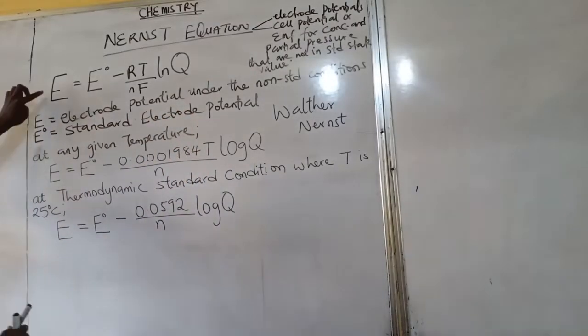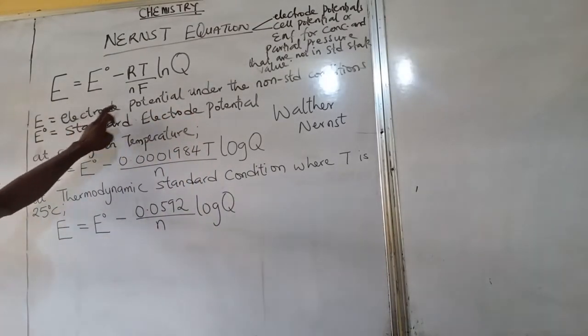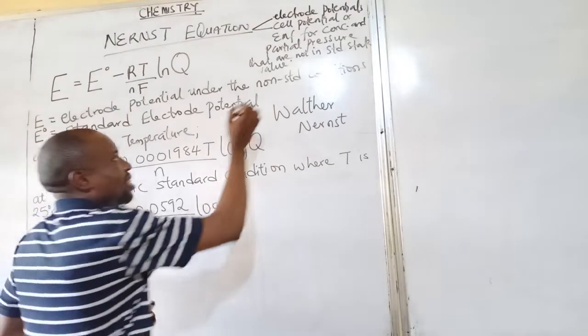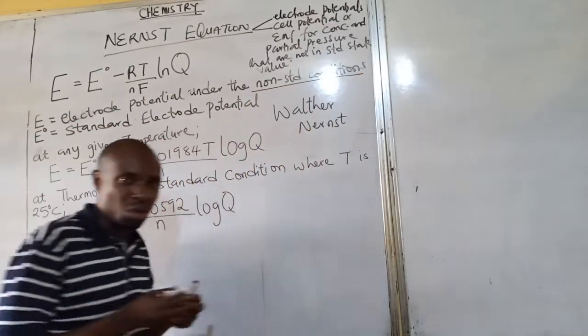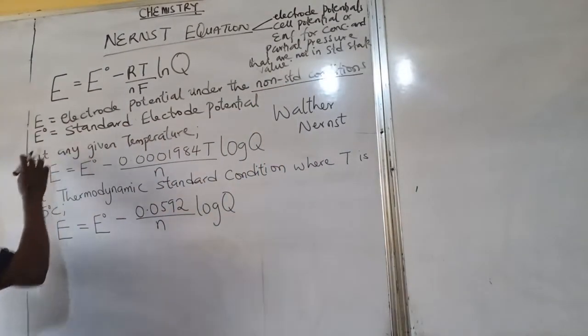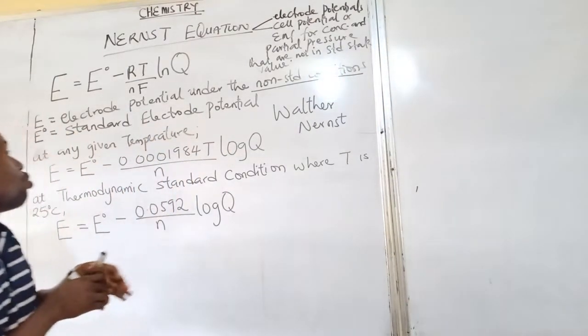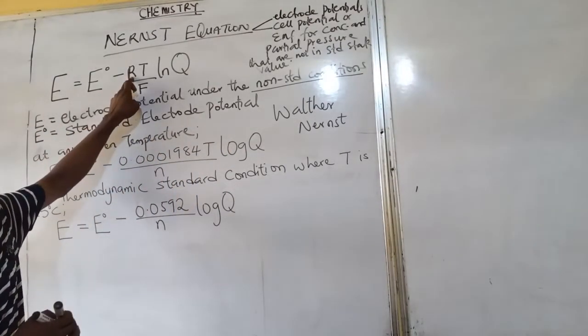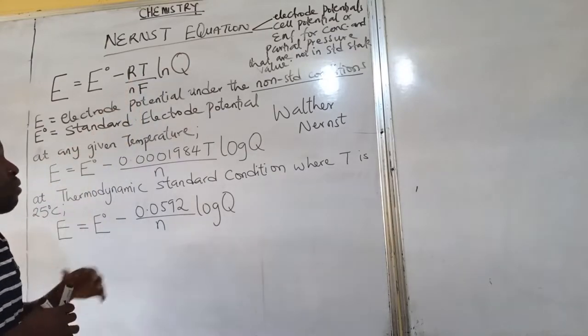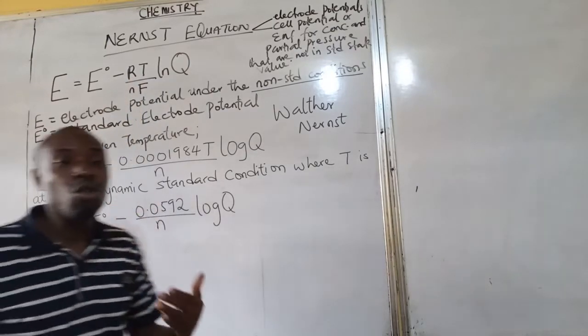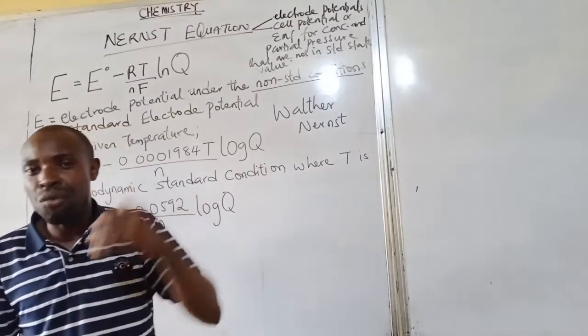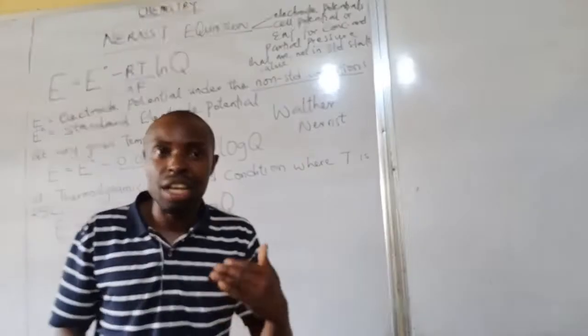E stands for the electrode potential under the non-standard condition, and E naught stands for the standard electrode potential. Of course, you are aware that R is the gas constant, and in this case it is 8.314 joule per mole per Kelvin.